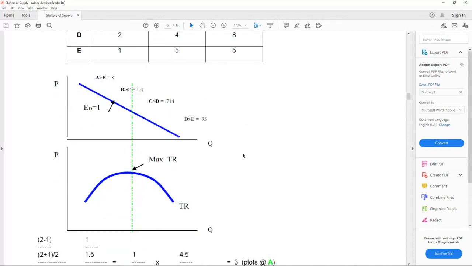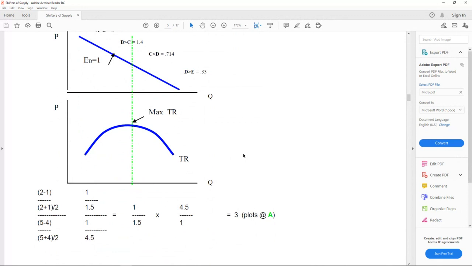So we looked at the formula. And as we calculate elasticity from left to right on the demand curve, using the formula where elasticity of demand is equal to the absolute value of the percent change in quantity over the percent change in price.